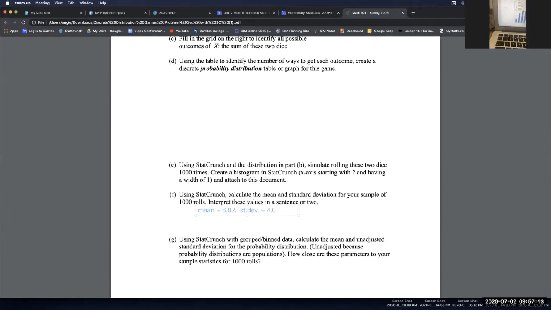4.03. So the standard deviation is actually going to be the square root of that. If you want to take a calculator and take the square root of 4.03, you can do that as well.